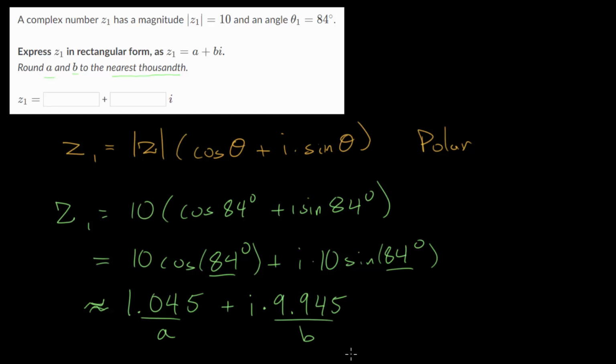And there are ways to check this. For one, we can recalculate the magnitude, since the magnitude of a complex number is just the square root of the real part squared plus the imaginary part squared, essentially just using the Pythagorean theorem. And we can verify the angle in two different ways.